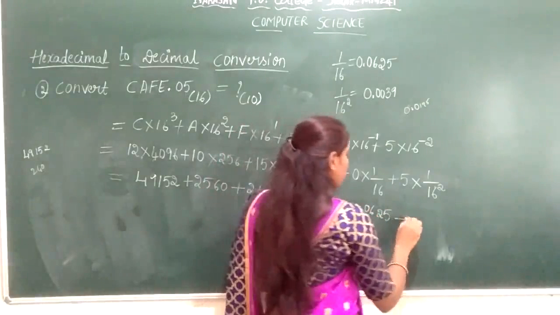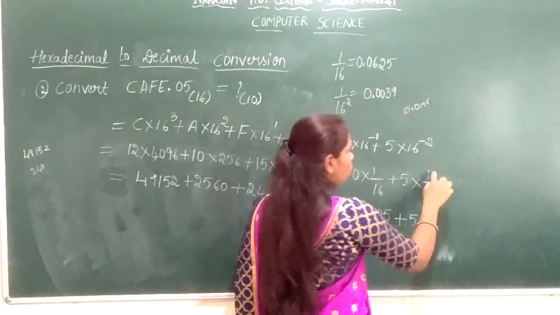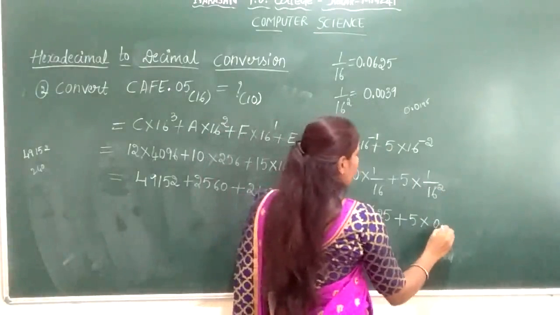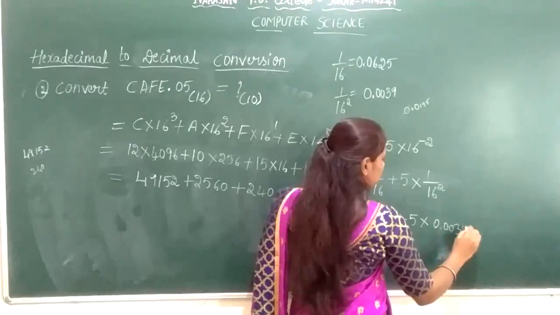0.0625 plus 5 into 1 divided by 16 square. 1 divided by 16 square is 0.0039.